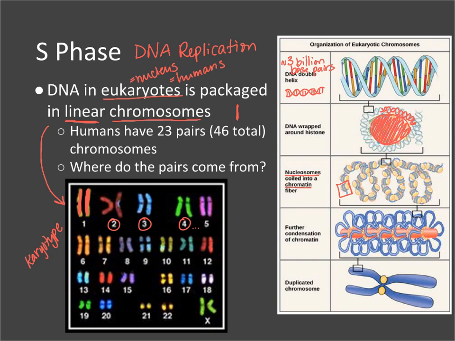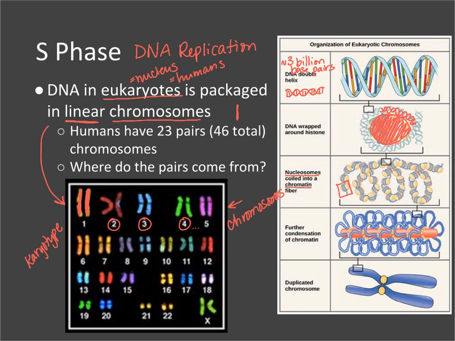So chromatin is kind of like a loose string of these nucleosomes stuck together, whereas a chromosome is further condensed, meaning that the chromatin is coiled or wrapped around itself to make an even more organized structure. So what we're seeing on this karyotype over here, these are chromosomes. And prior to being chromosomes, they were just chromatin, which is a looser molecule, more stretched out and stringy.